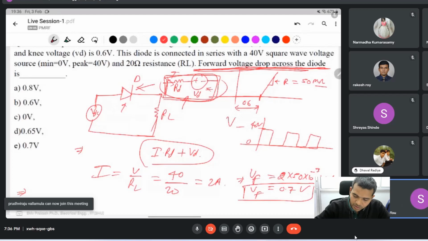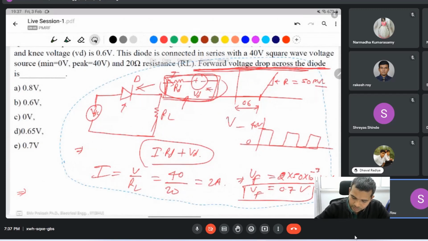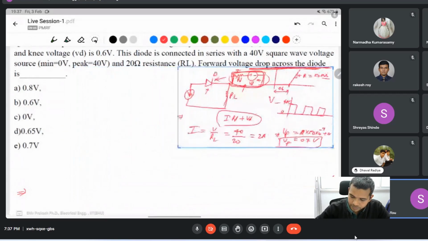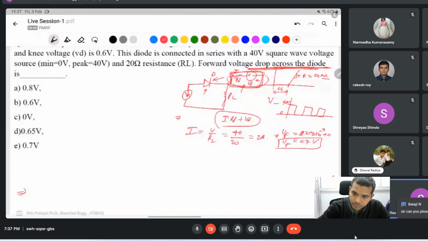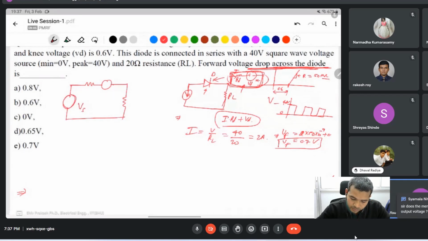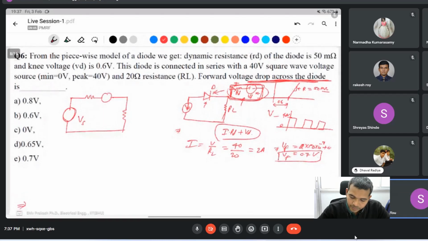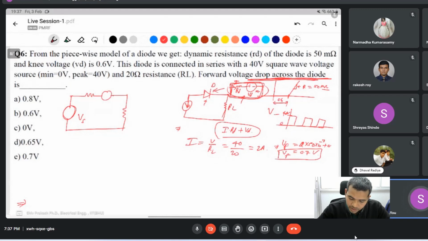You replace the diode by this closed circuit. In the on condition, this is the VS. The duty cycle is not mentioned here, but it is asking about the forward voltage drop, not the average forward voltage.